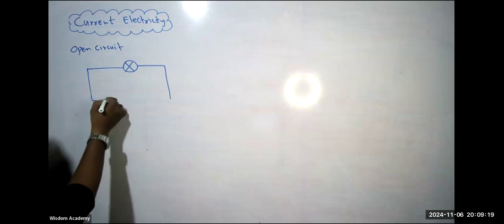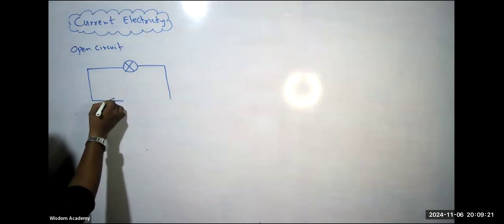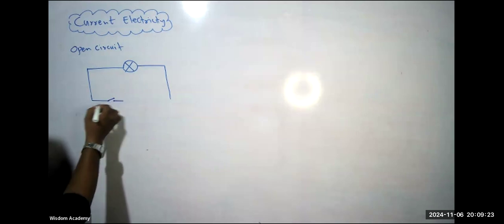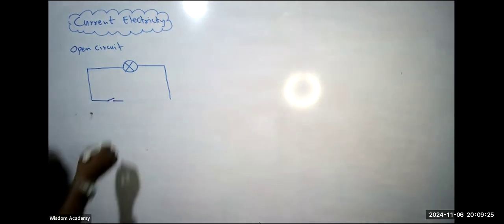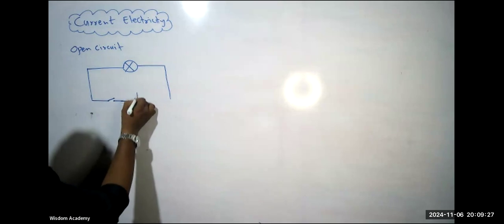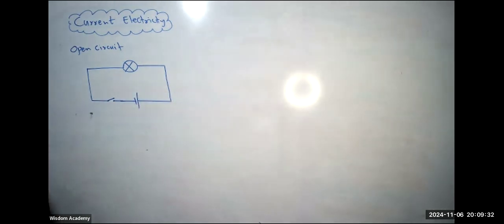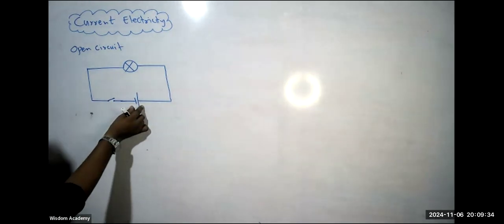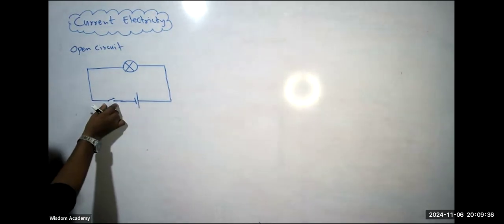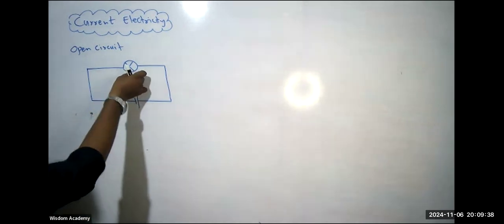And here I have the switch, and the switch is open. I am connecting it with a dry cell. This symbol is given for the dry cell, this is the open switch, and this is the lamp.